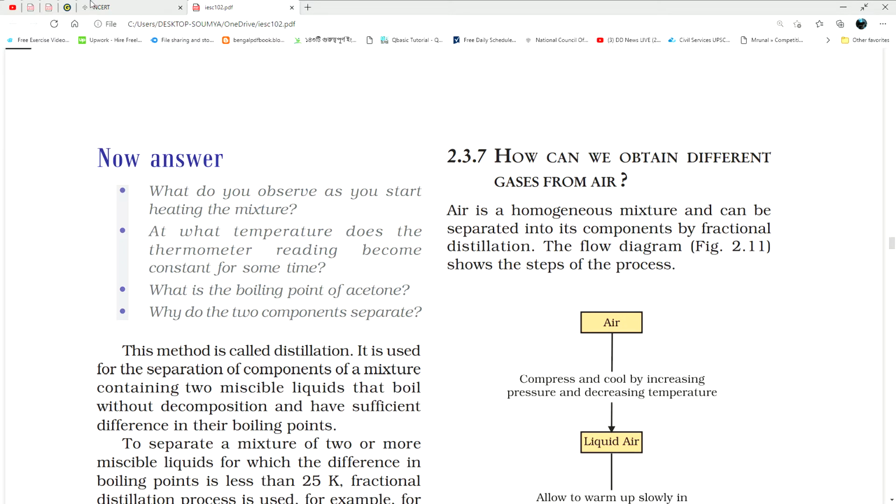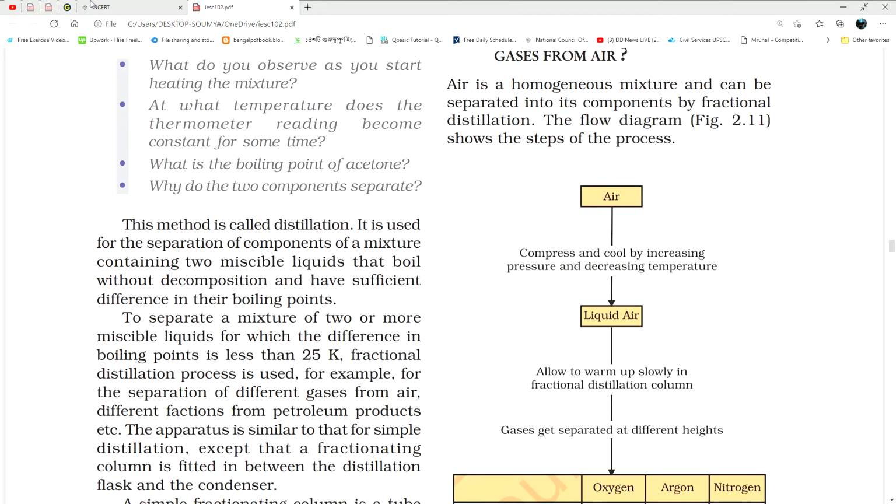It is used for the separation of components of a mixture containing two miscible liquids that boil without decomposition and have sufficient difference in their boiling points.